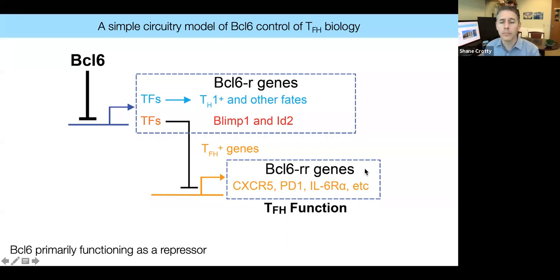We sorted them and then tried to put all of the data to a test of, did it conform to the simplest gene circuitry model we could posit, which would be that Bcl-6 represses a set of transcription factors that are repressors of the genes that are actually upregulated in TFH and are required for TFH function, such as CXCR5, PD-1, cytokines, etc., as well as Bcl-6 directly repressing transcription factors that are involved in other CD4 T cell fates. Okay, so this is the model to test.